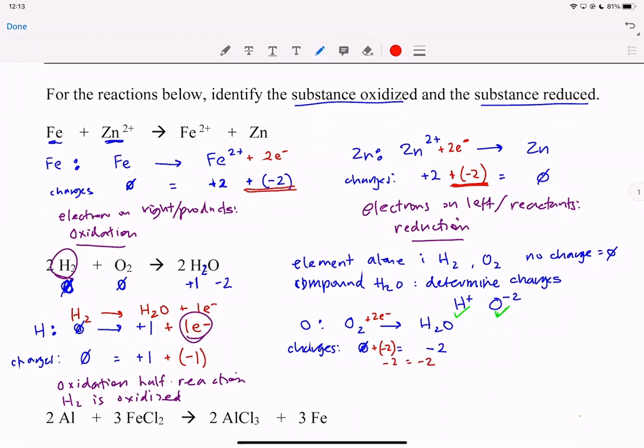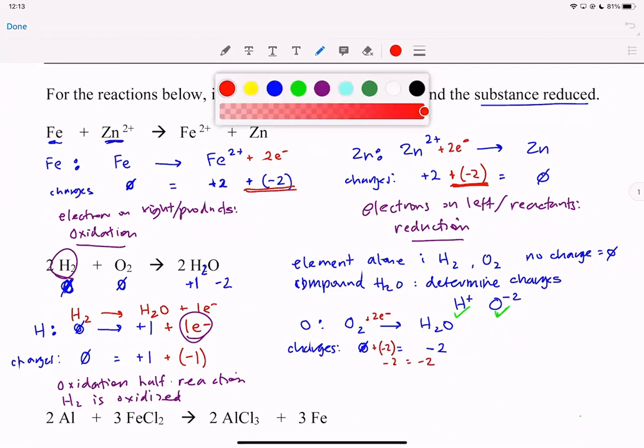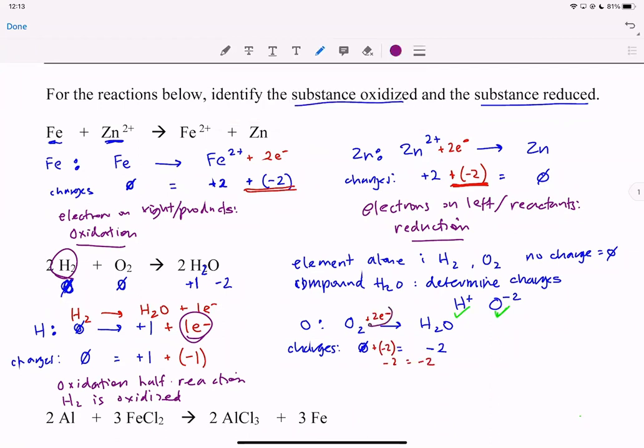They don't always equal 0, but you do want to make sure the charges are equal on both sides by adding electrons. So the electrons are now here. When you have electrons on the reactant side, on the left side, that's a reduction half reaction.